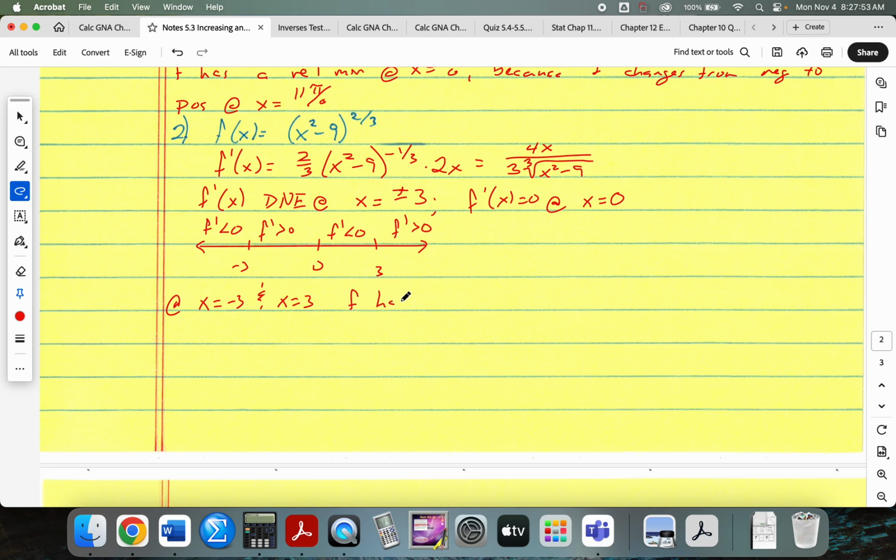F has a relative minimum. And at x equals 0? Is it a relative maximum? Yeah. And in the interest of time, again, I'm not going to justify those. They didn't ask me to.